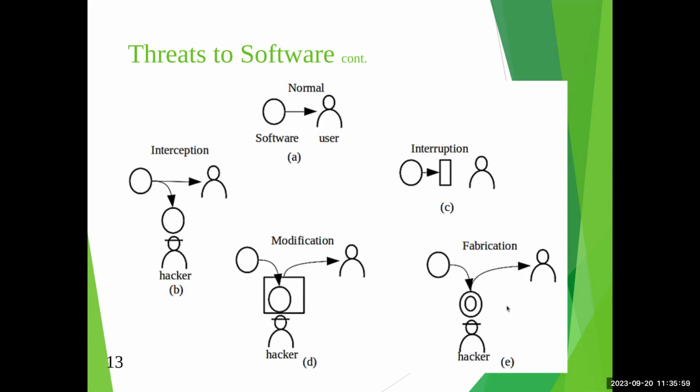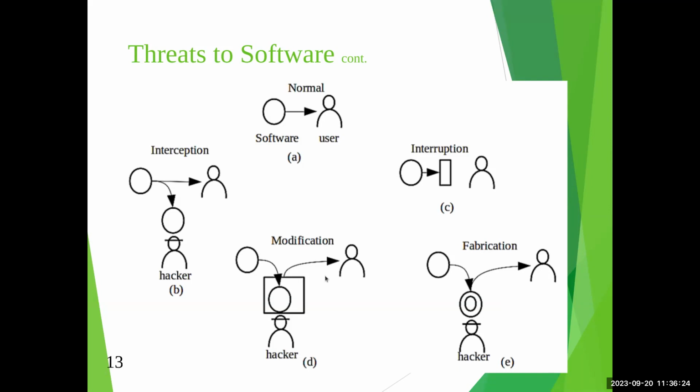Fabrication is when the software is also available, but some unwanted code is also present. It may be activated somewhere in another way, when a person appears or one day arrives, or something like that. That is fabrication.